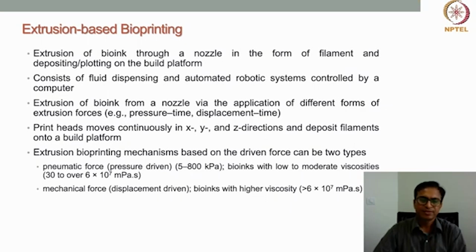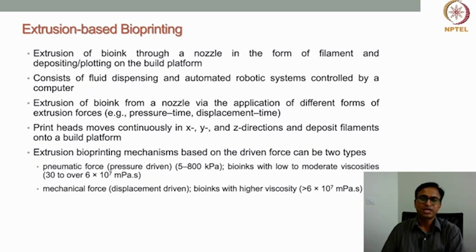As I already mentioned, the driving force for extrusion can be a pneumatic force, that is pressure driven, where pneumatic pressure in the range of 5 to 800 kPa can be applied. With this kind of system, bioinks of low to moderate viscosity, in the range of 30 to 6 into 10 to the power 7 millipascal second, can be used.